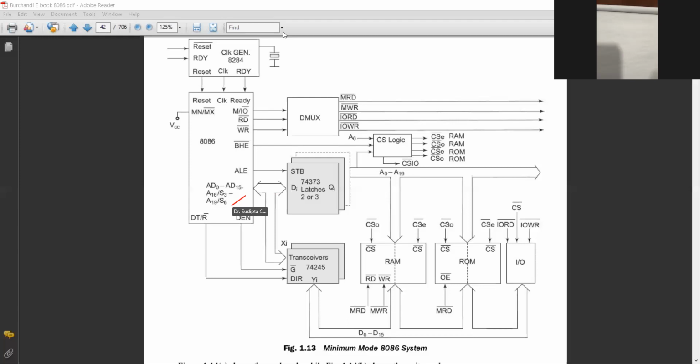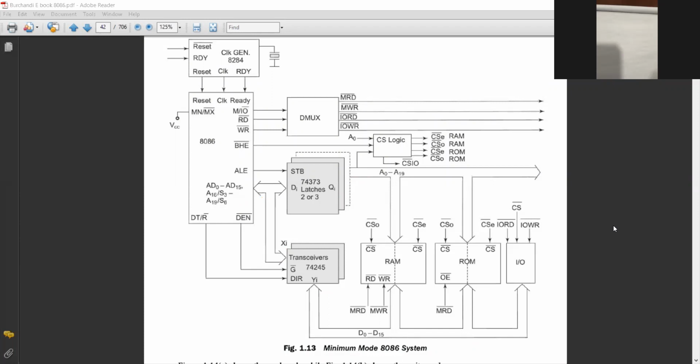These bidirectional lines are connected to the data bus and to the address bus. The address bus is unidirectional in nature, and the data bus is bidirectional in nature. The data bus is connected with a transreceiver, and the address bus is connected with a latch IC.